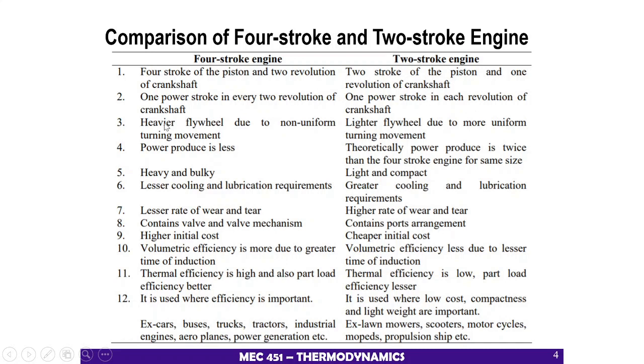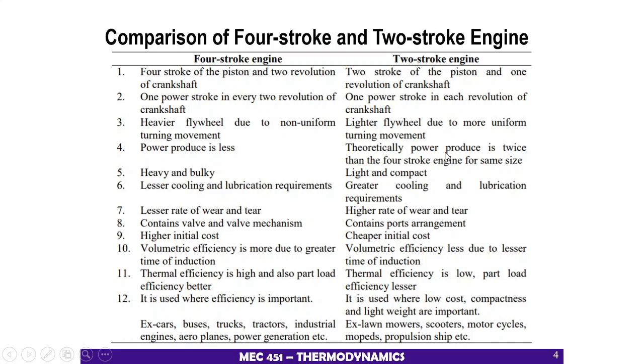The 4-stroke engine has a heavier flywheel, while the 2-stroke engine has a lighter flywheel. In the 4-stroke engine, due to 4 strokes in 1 cycle, the power produced is less compared to the 2-stroke engine.